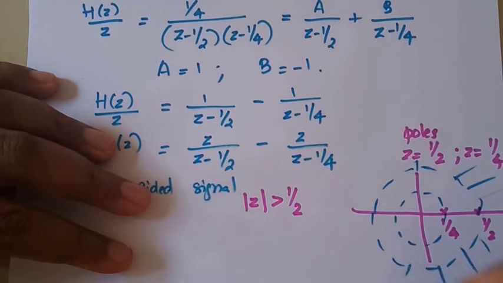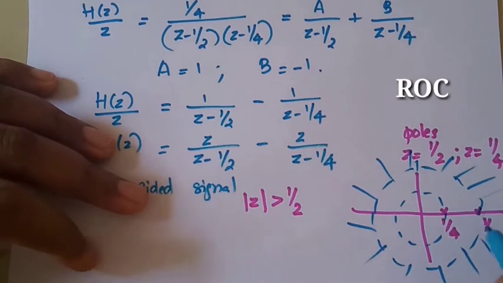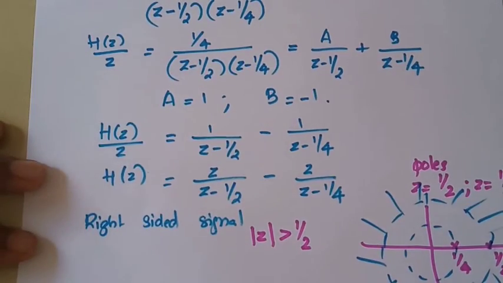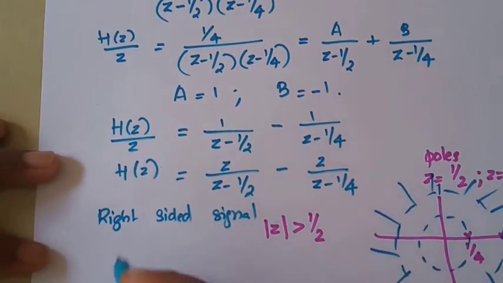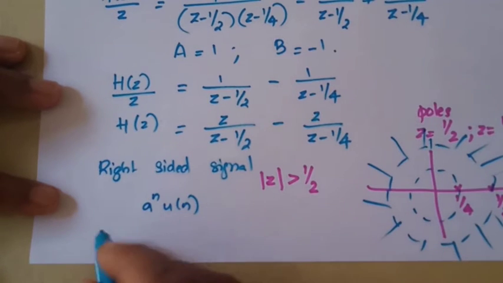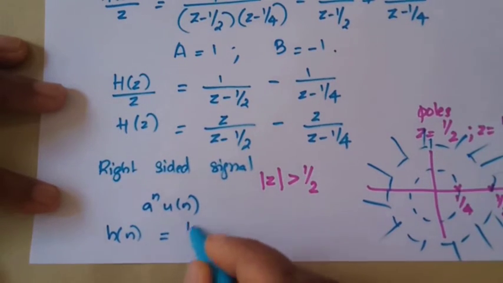By property of ROC, for a right sided signal, ROC will be outside the outermost pole. So it will be outside the circle passing through pole 1 by 2. We know that for a right sided signal, the general expression is a raised to n u of n. For z by z minus a, we can directly write a raised to n u of n.